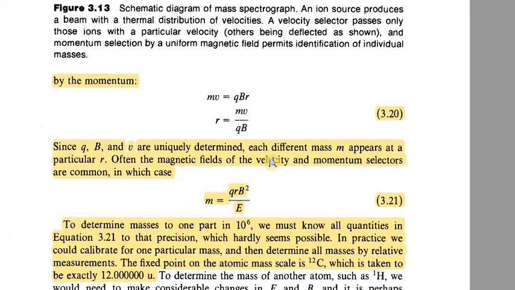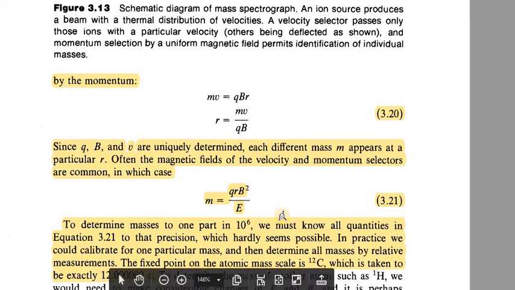You know the value of q, the charge, and you can control the B. If you control these values, only particles of a particular mass hit a particular position. So you can calculate the mass as qrB square by E.